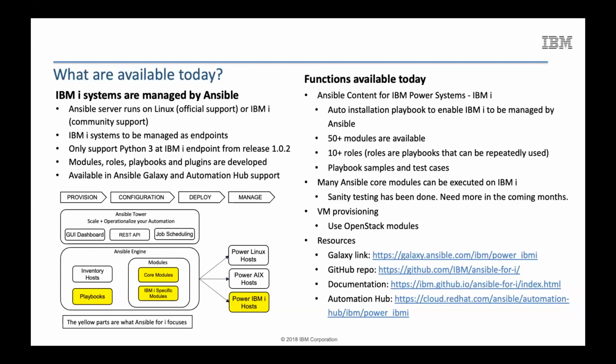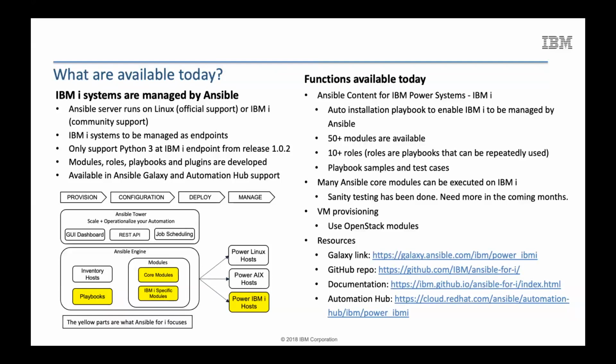Running Ansible engine on IBM i right now is not officially supported by Red Hat. As I mentioned, if you want enterprise support from Red Hat, you need to have Ansible engine or Ansible Tower running on Linux right now.